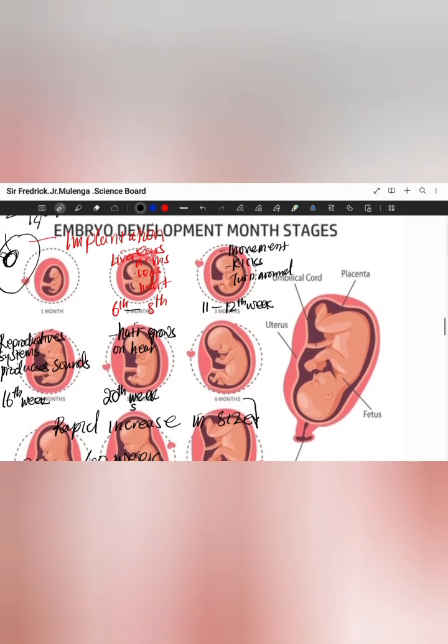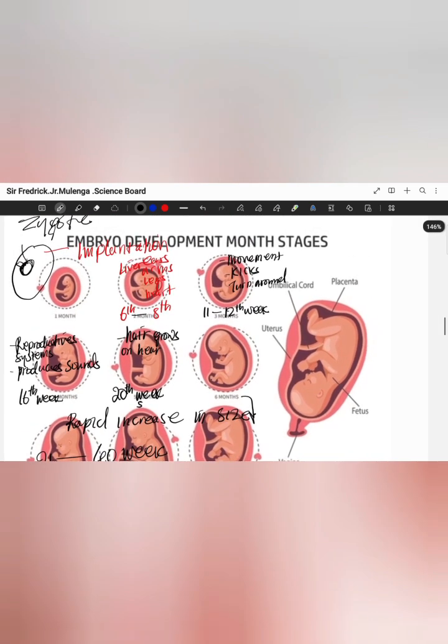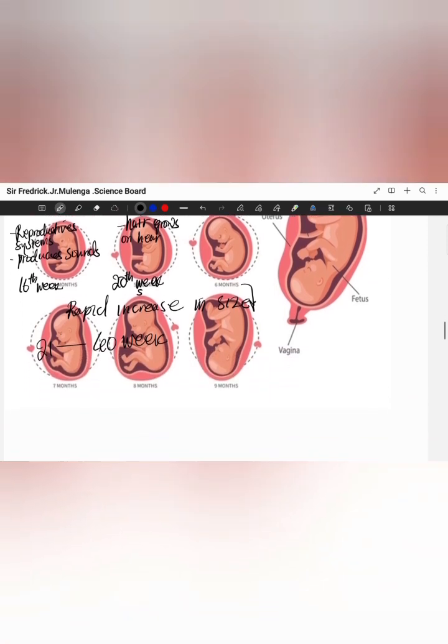Now, what do we call the period of embryo development from the point of fertilization to birth? We call it the gestation period.